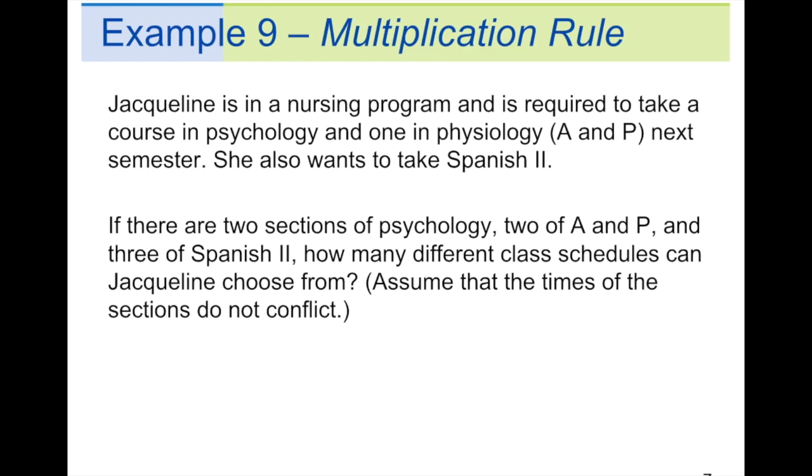If there are 2 sections of psychology, 2 of A and P, and 3 of Spanish 2, how many different class schedules can Jacqueline choose from? Assume that the times of the sections do not conflict. It would be different if there was a conflict, but if there isn't a conflict, we can just use the multiplication rule here. So assume that all of those classes have completely different periods.